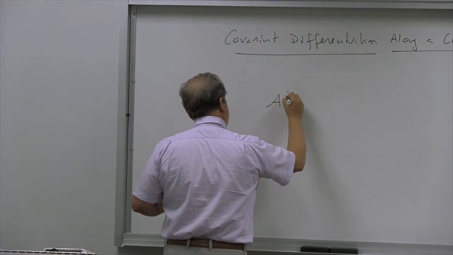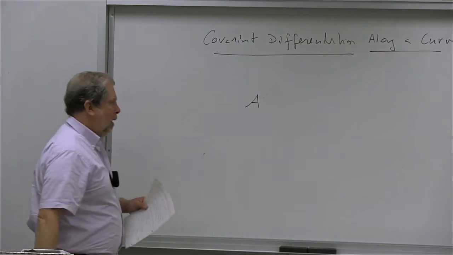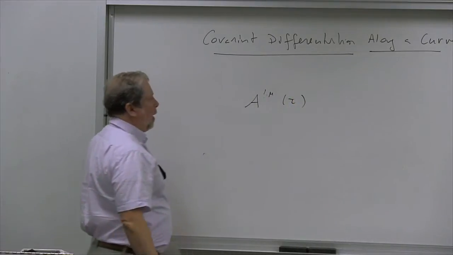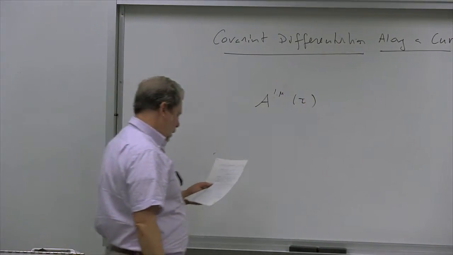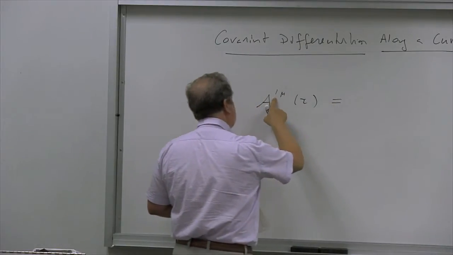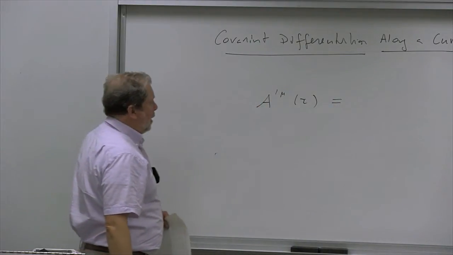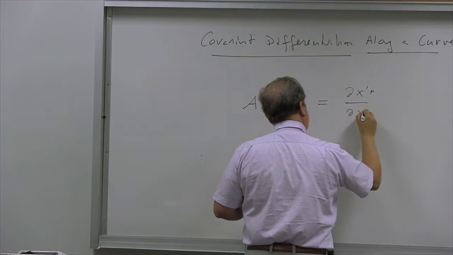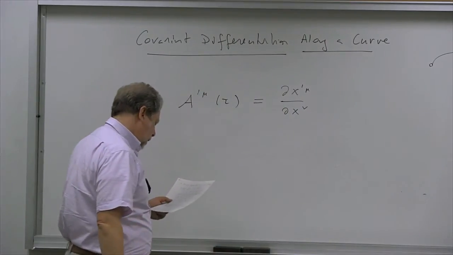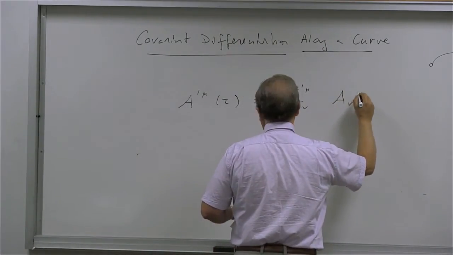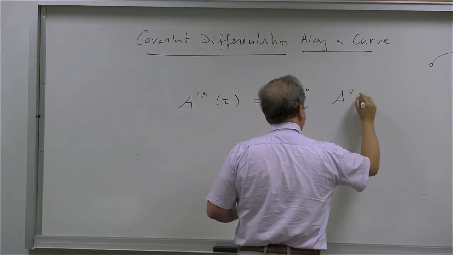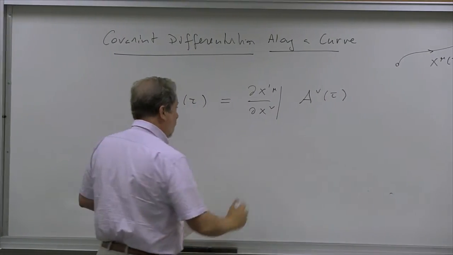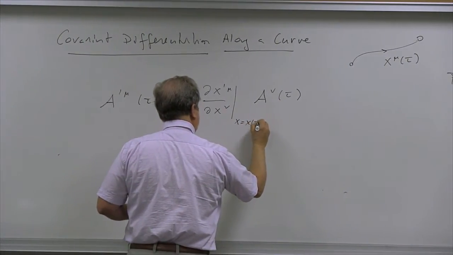First of all, let me consider some 4 vector, and let's look at its transformation property. So we calculate A prime mu along that curve. If this is indeed a 4 vector, that prime will tell us that we have to add dx prime mu by dx nu, times A nu of tau, where this factor is evaluated on the curve, so that x is equal to x of tau.